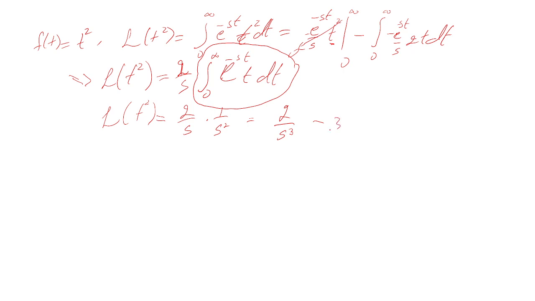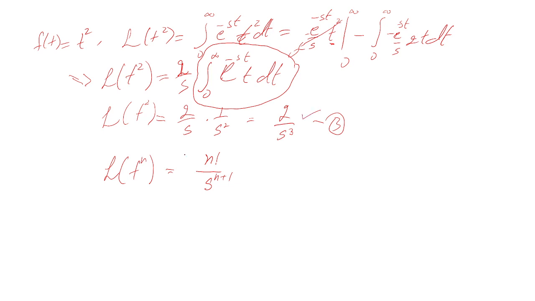Looking at equations 1, 2, 3, we have a pattern for the polynomial. The pattern is this: the Laplace transform of t to the n should be n factorial divided by s to the n plus 1. So clearly, if n is 2, this is 2 factorial divided by s to the 2 plus 1.